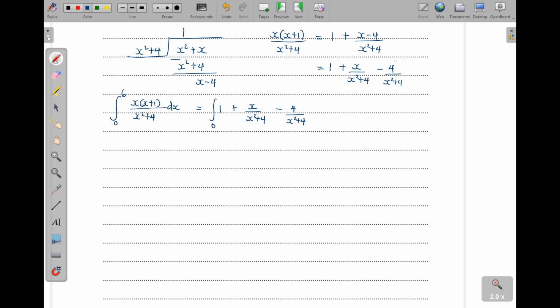So from 0 to 6, then here with respect to x. Now we have a variable and then this one here. So when we differentiate with respect to x, this x squared plus 4, we get 2x. Okay, after getting that 2x, we can ask ourselves, what do we do to this 2x to get the x that is here? We multiply it by a half.